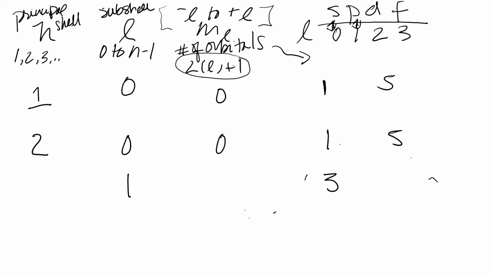The quantum numbers that identify those 3 orbitals range from minus l, or minus 1, to plus 1. And we are, as I said, in a P subshell. I'm going to go to n equals 3 and 4 on the next page.